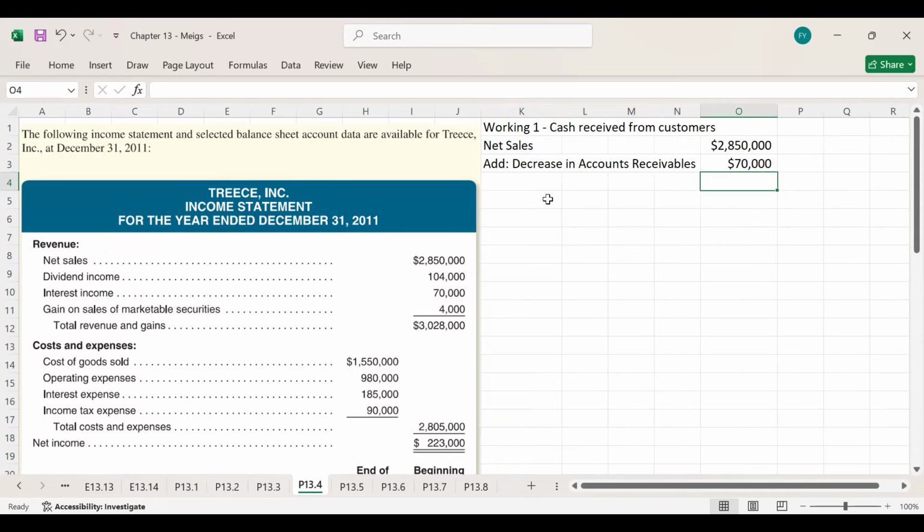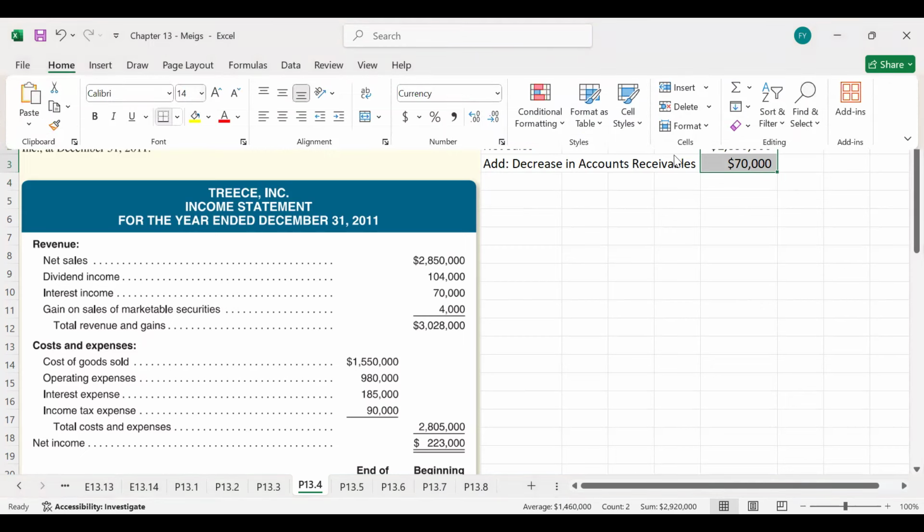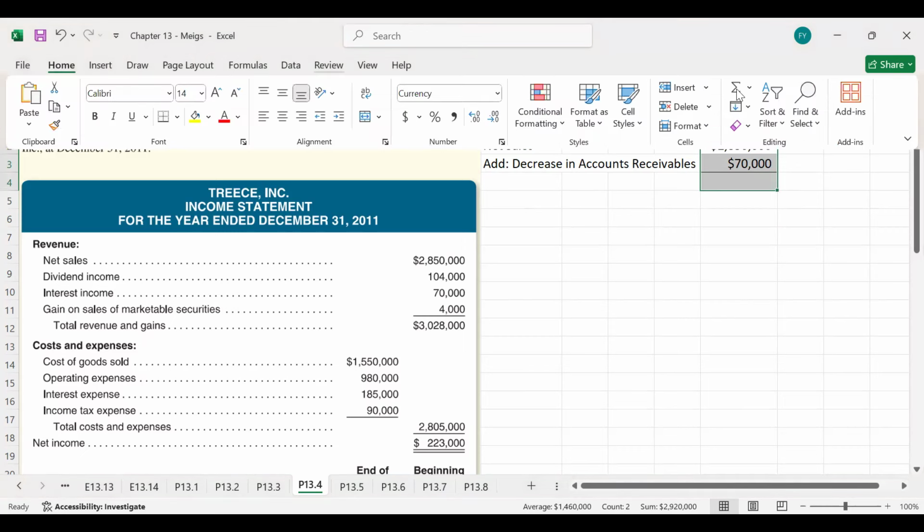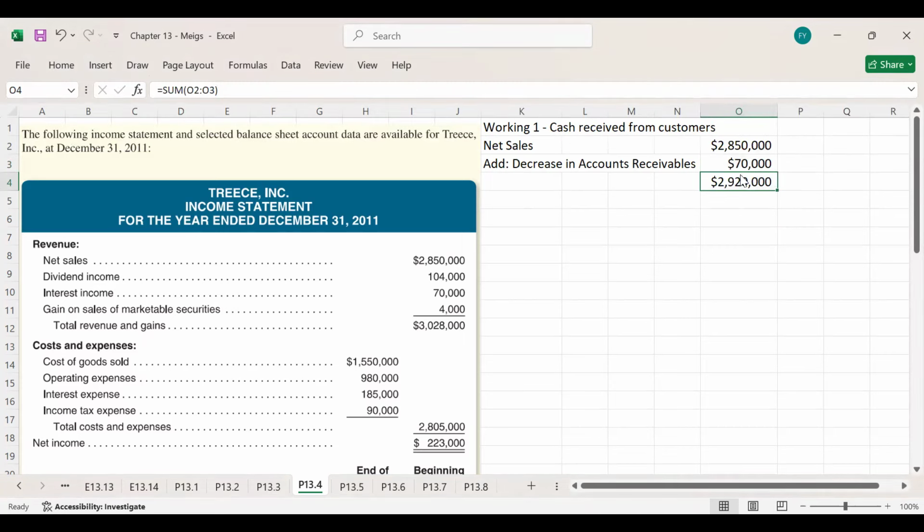Then, as we have no other entry related to this, by adding these two we get the cash received from the customers.